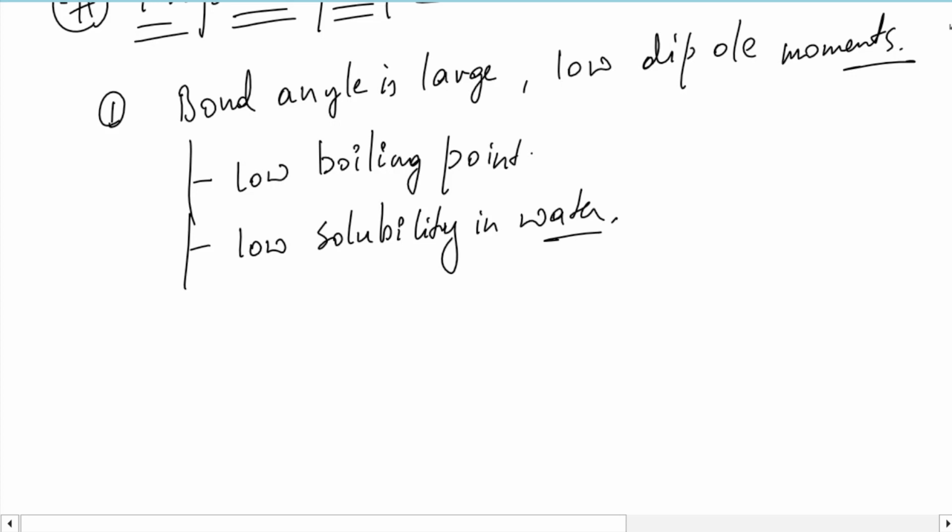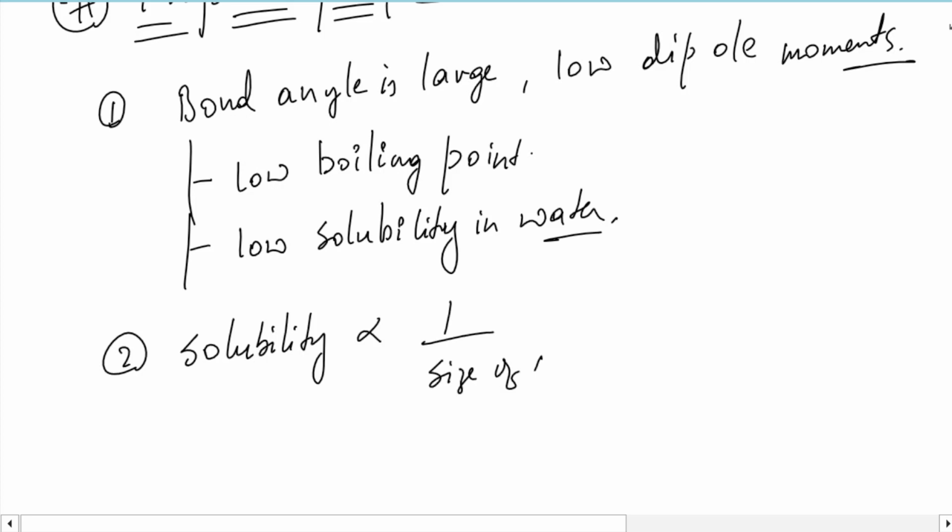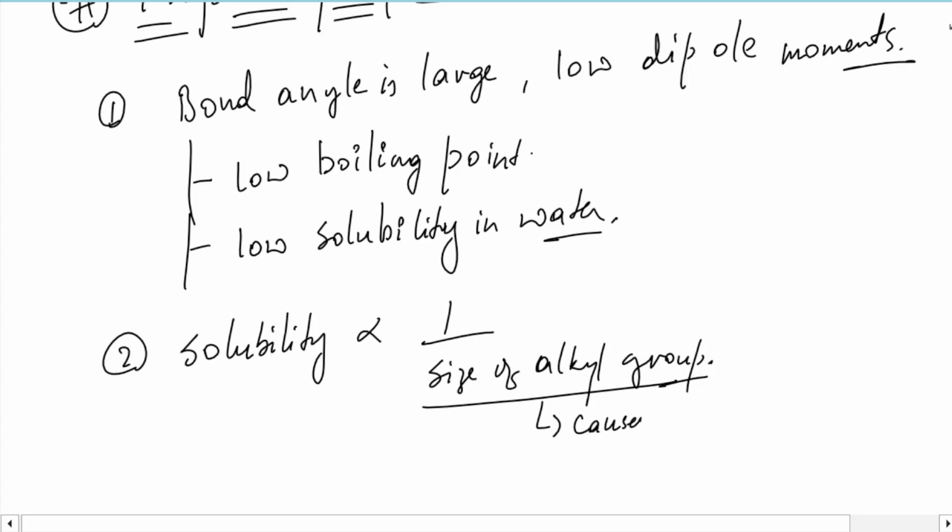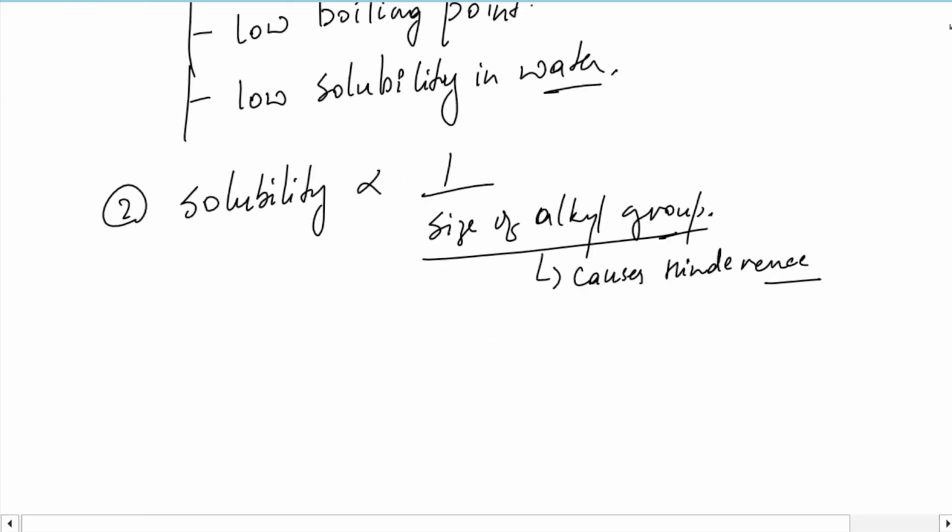Also solubility is inversely proportional to the size of the alkyl group, because it causes hindrance.